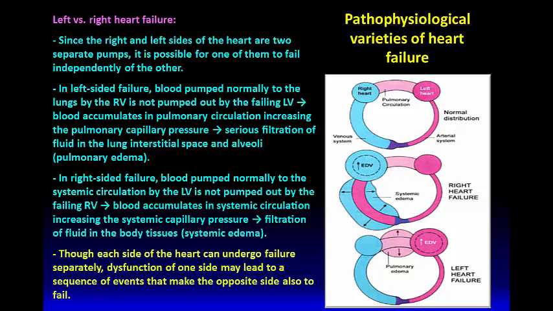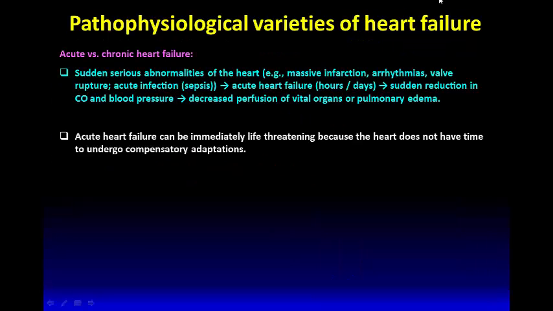Another pathophysiological classification of heart failure is the classification of heart failure into acute and chronic heart failure. Acute heart failure is when the left or the right ventricle fails acutely over a short period of time, over hours to days.